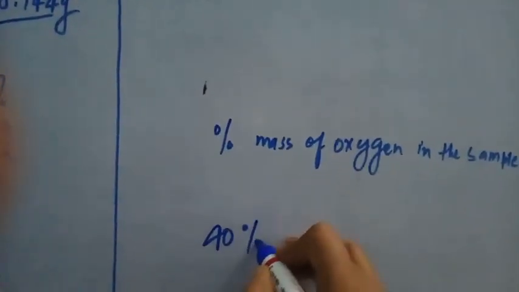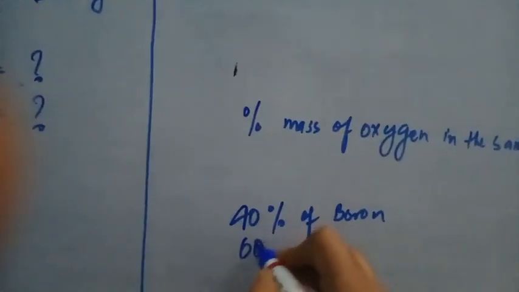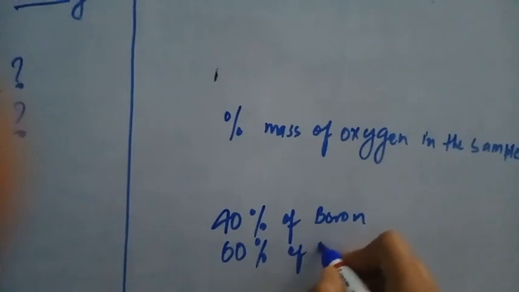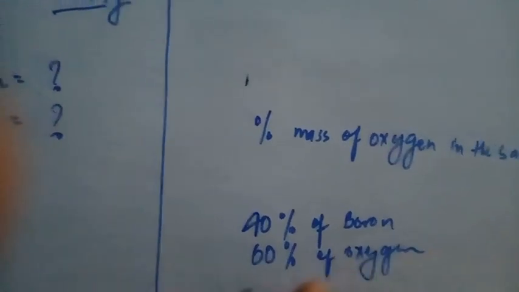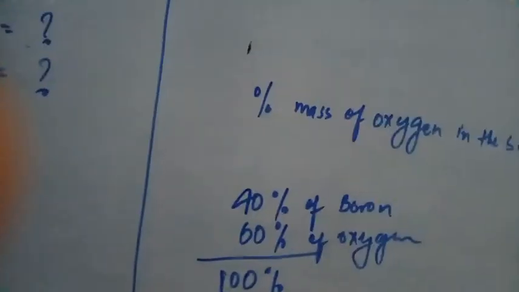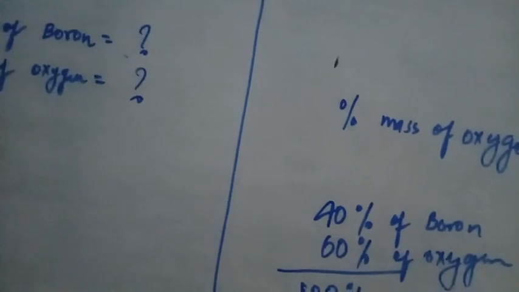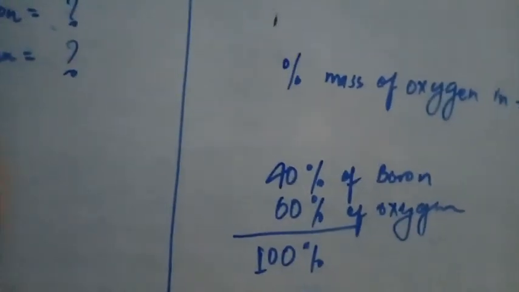So when you add up 40% of boron and 60% of oxygen, you will get full 100%. That means whatever you have calculated, the individual mass composition of the compound by weight is completely accurate.